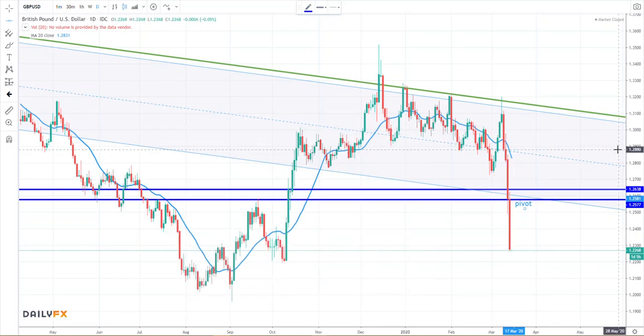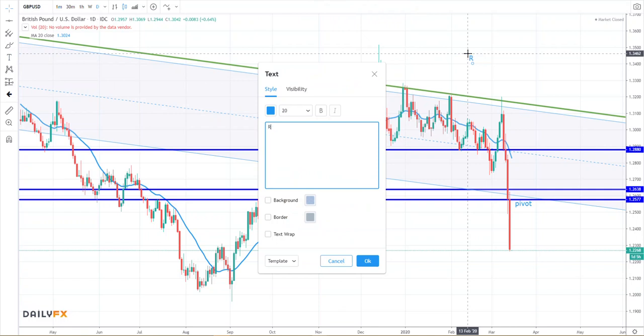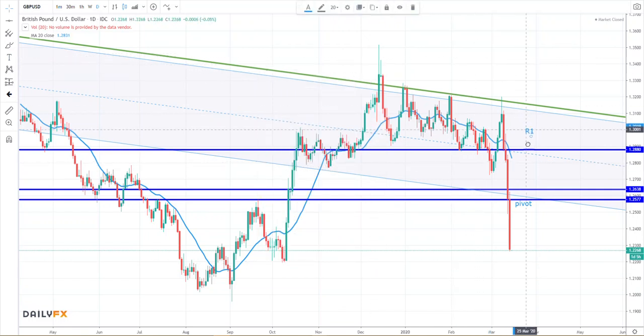So right there is R1, meaning price could come up all the way and slap back. And with the pound, it really wouldn't surprise me if it happened. It just means potentially price could come all the way back to this line before the next big sell-off, if it felt like it.